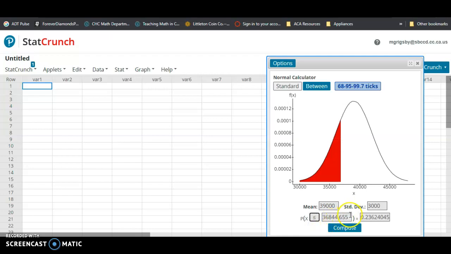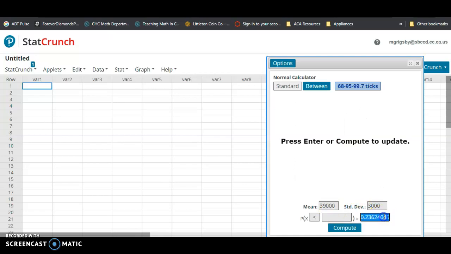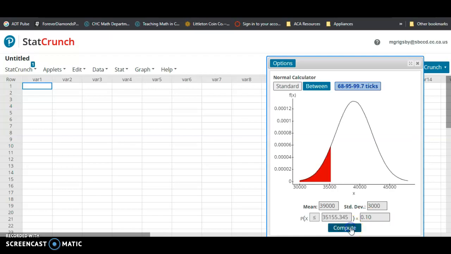We delete any numbers we have here, and type in the area to the left, whether it's 10%, 15%, 80%, or whatever. Make sure it's a decimal, not a percentage. Compute, and it's about 35,155.